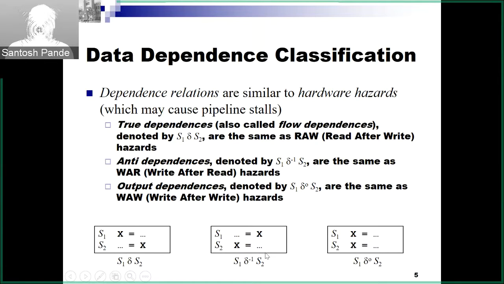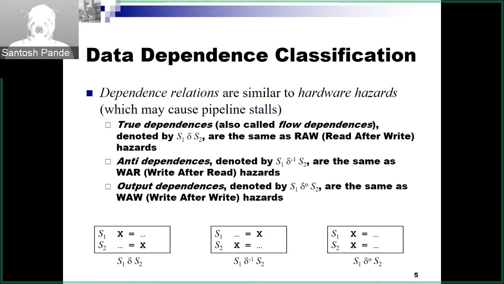You can imagine that the first statement, S1, is doing a read, and the second one is doing a write. But the same order still needs to be preserved, because if you interchange them, then S1 will not use the old value of X, which is the intention here. In the original program, it is using the old value of X, and if you interchange S1 and S2, first there will be a write followed by a read, so it will be forced to use the new value generated by S2, and that will be wrong.